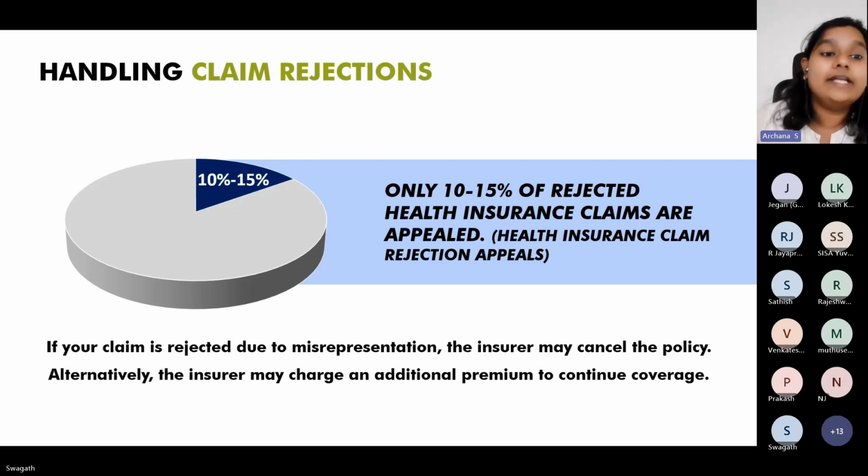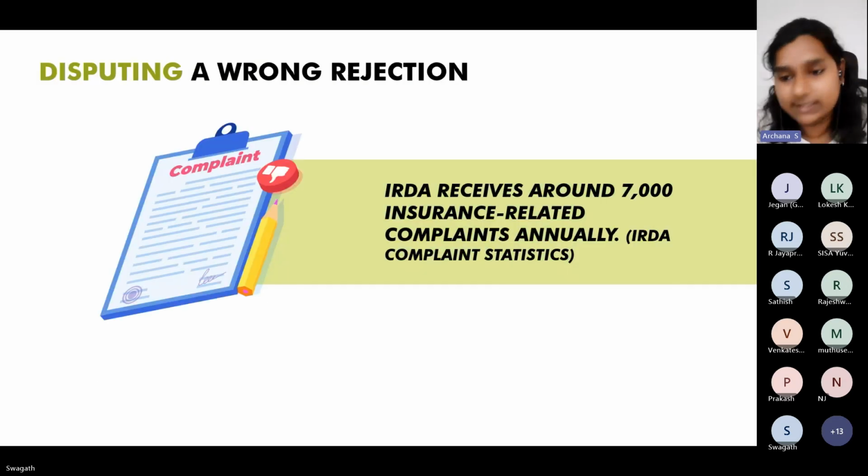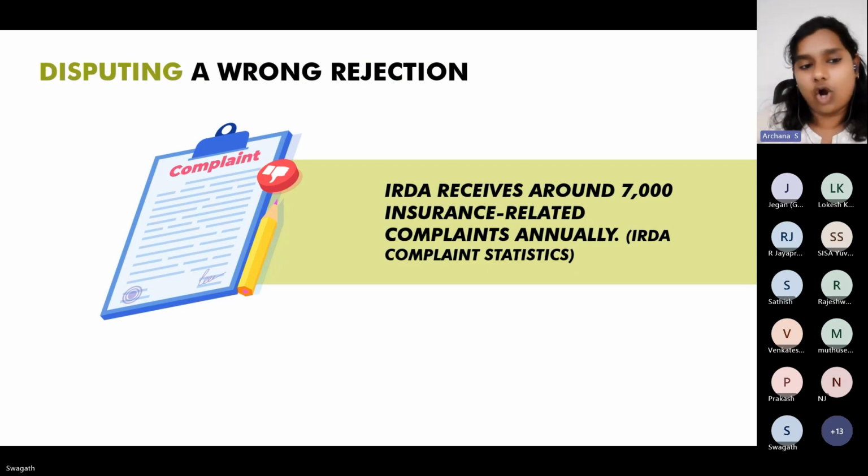This can happen when the fault is from the policyholder side. But what happens when the issue is on the insurance provider side? What if a policyholder feels the rejection is wrong? What can we do about it? IRDA receives around 7,000 insurance related complaints annually, based on the statistics.